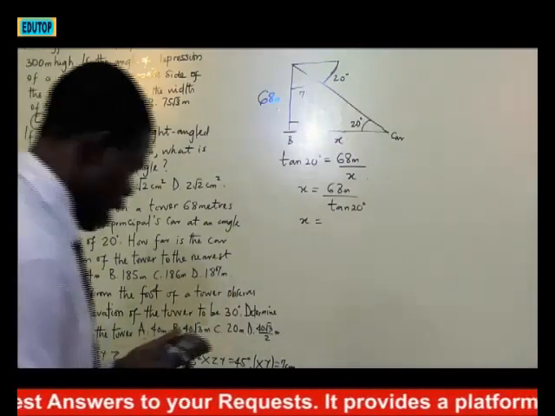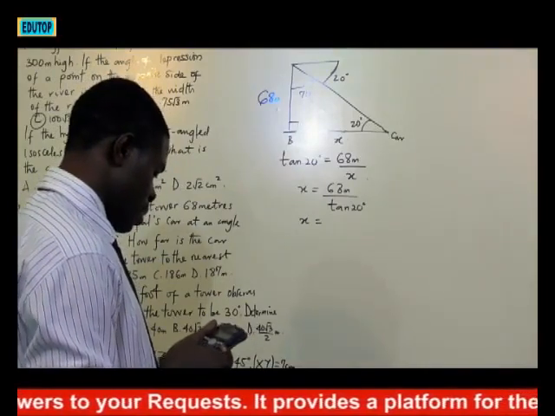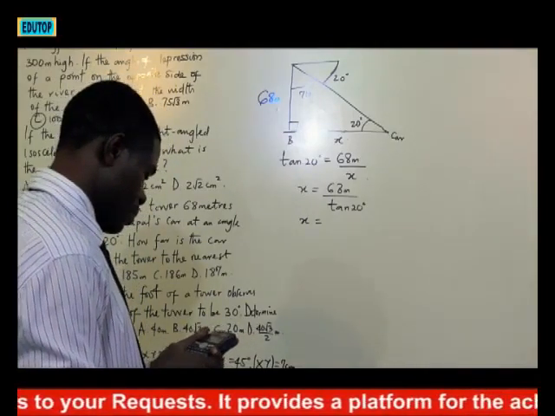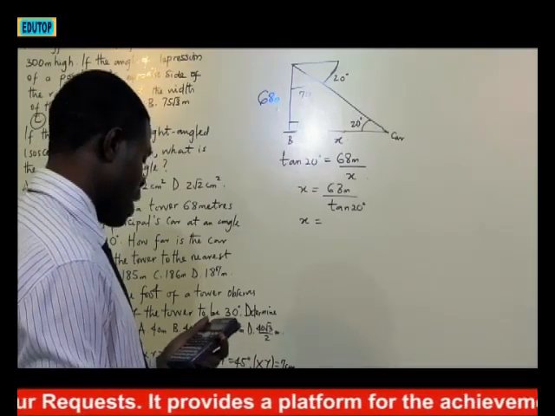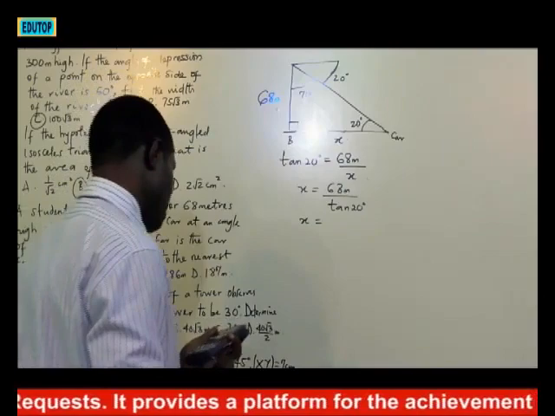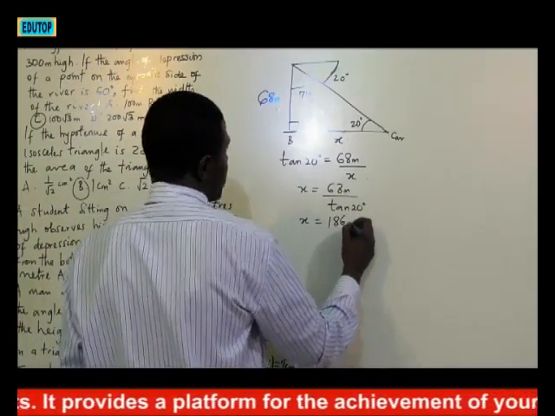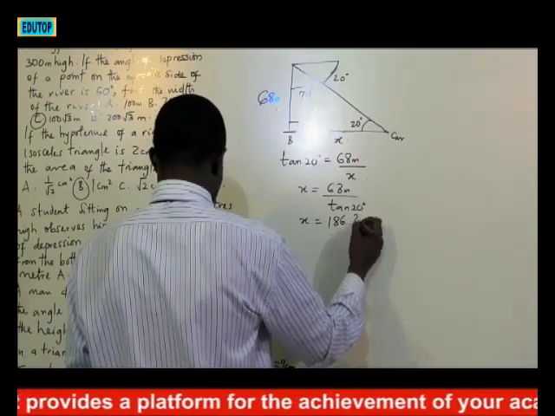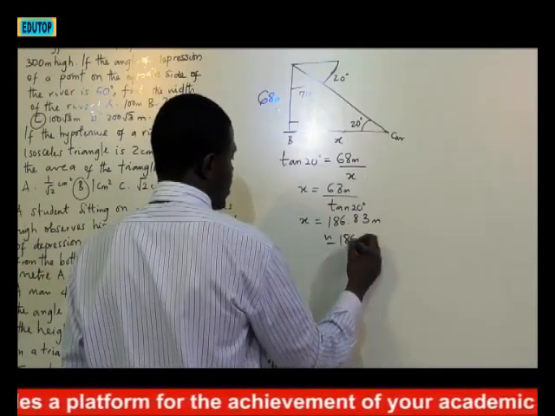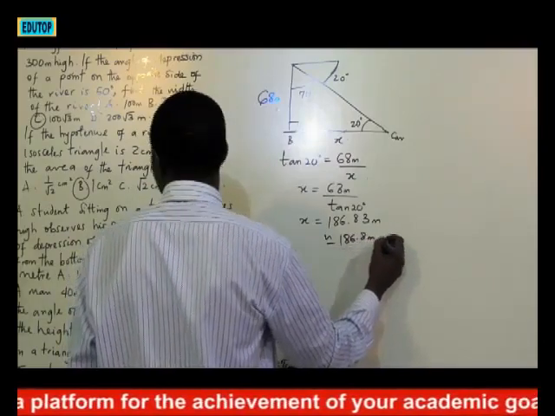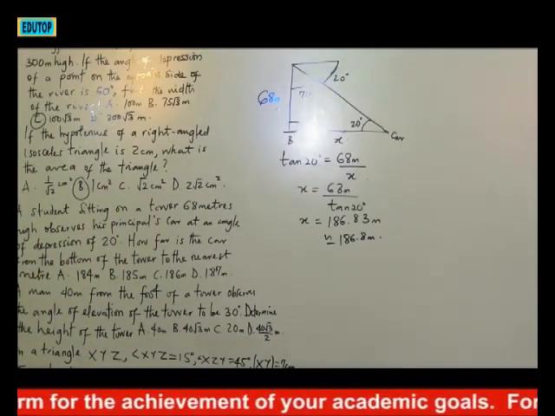So we have 68 divided by tan 20 degrees, and that will give us 186.83 meters, which is approximately 186.8 meters.